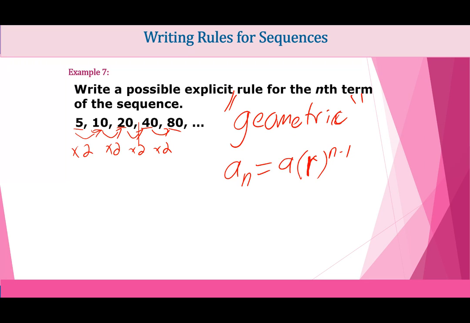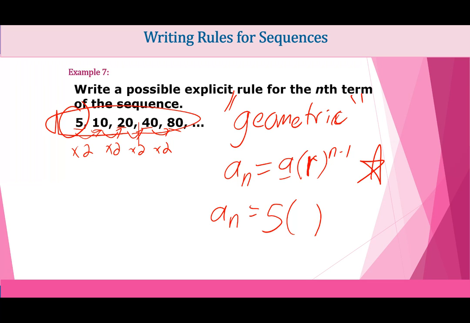So we're going to make a rule similar to this for this specific sequence. Our nth term, which again is whichever number in the sequence we want, equals A. Now, A is our first term. The first term in this sequence is 5, so we're going to put 5 in there. Now remember, R is how much we're going up by, sort of.